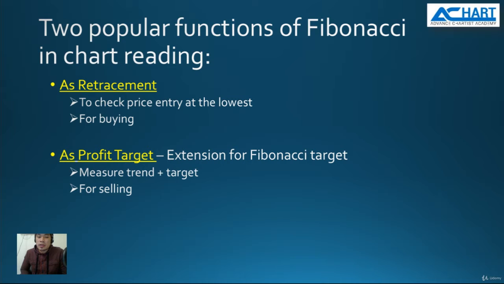As a result of this, it is used to check the price entry at the lowest. This is what we want to do. We want to buy at the very low price, and we use Fibonacci to help us predict or assume at which level the retracement will occur.